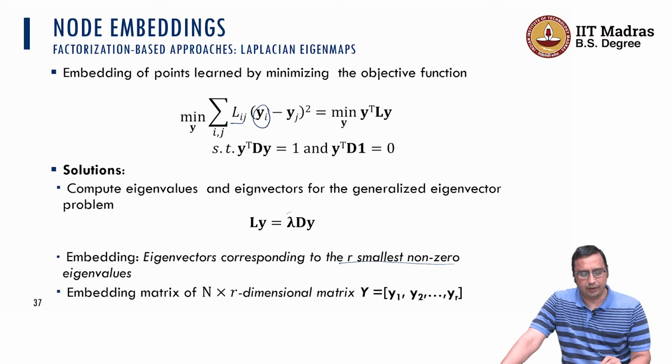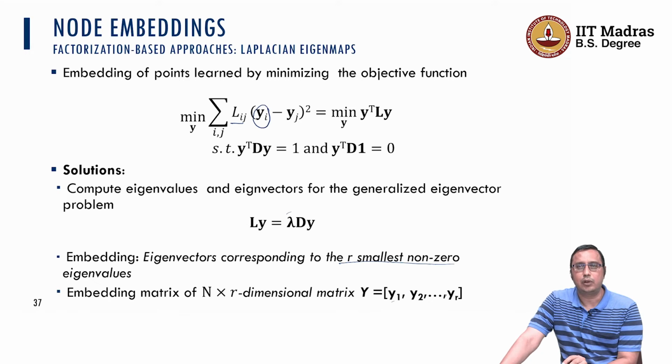And the embedding here is an n cross r dimensional matrix. So I took the first smallest r eigenvalues and corresponding eigenvectors and stacked them in columns, 1, 2, 3, 4 to r.